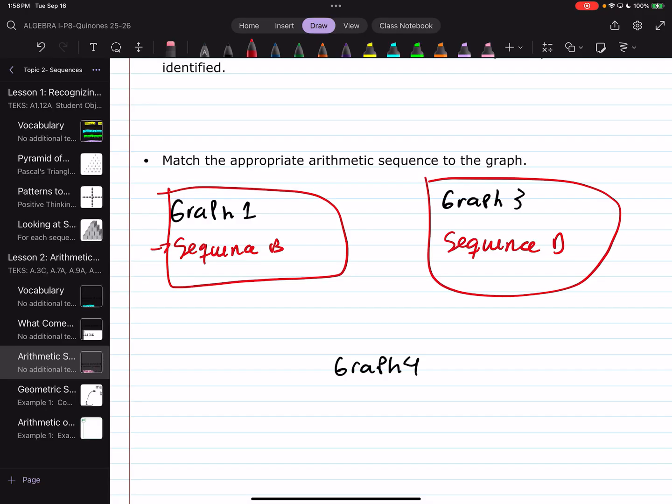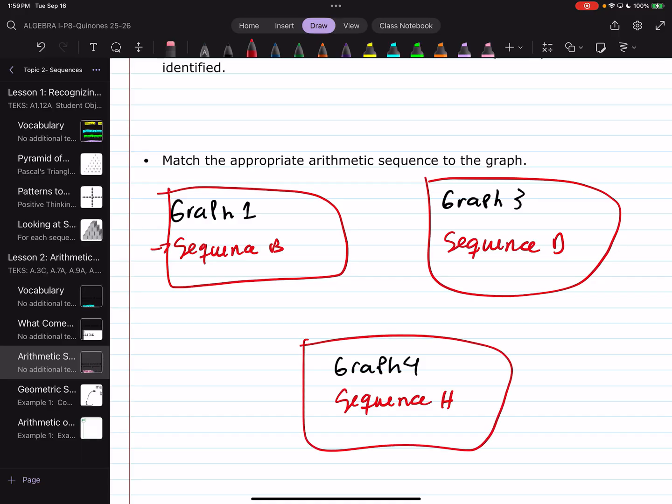Anybody from Haley's group? Think about where the numbers are. It's all the way up in... I said graph 4, yes. We're saying sequence H. Class, do we agree? Is it matching sequence H? Absolutely, I agree also. Very good.